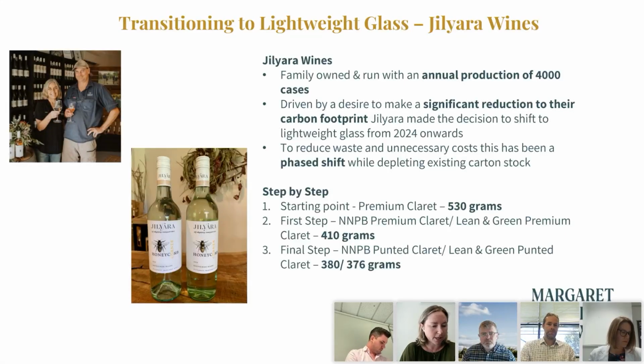This first drop represented about a 22% drop in bottle weight. And then finally, when they had exhausted those carton stocks and designed new cartons, they were able to move to the NNPB punted, or Lean and Green punted claret, which is sitting around the 380 gram mark, which for this one wine, we've dropped 28% of the weight out of that bottle.